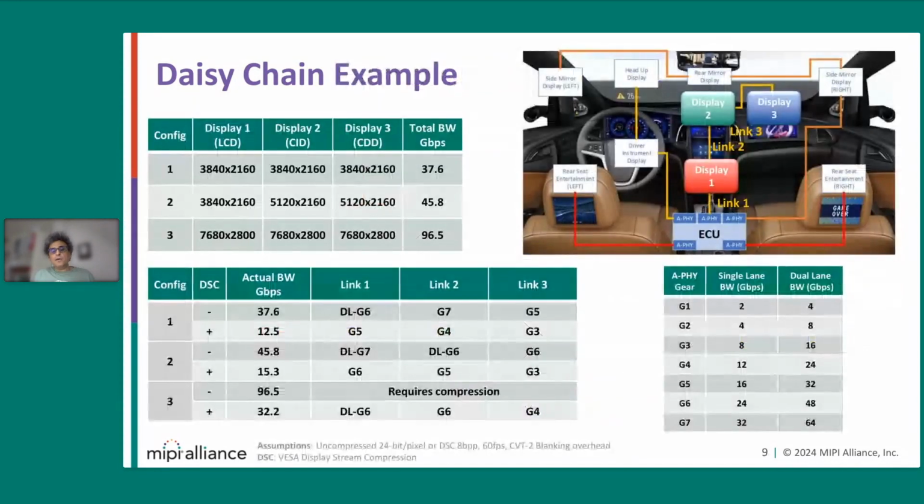And how we apply that in the car: looking at the diagram, the picture we had before, this is an example of how to use daisy chain in a car, where you have the central ECU here with link 1, link 2, link 3, with a few displays in the daisy chain in this example.